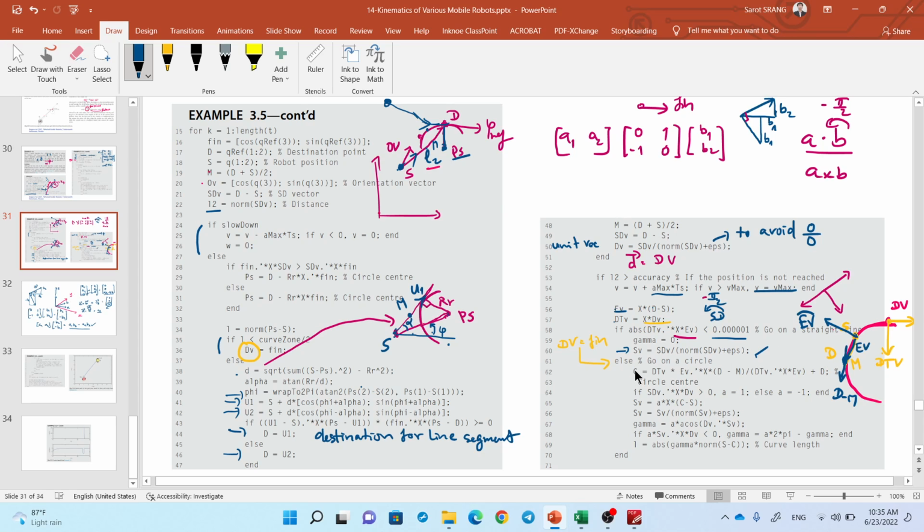And then in the other case, else, I mean when it's on a circle.